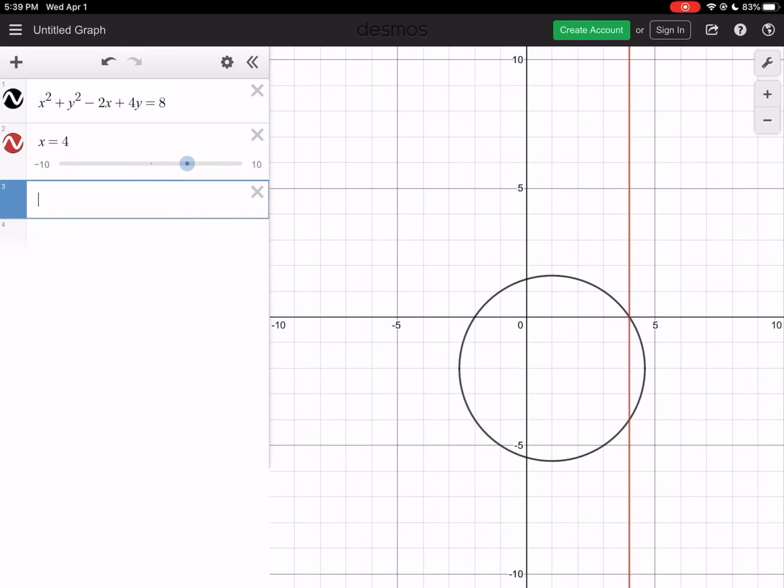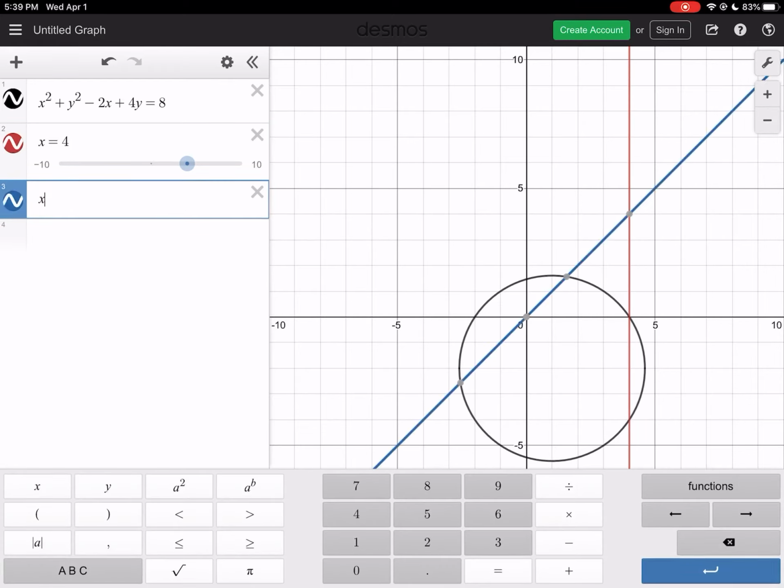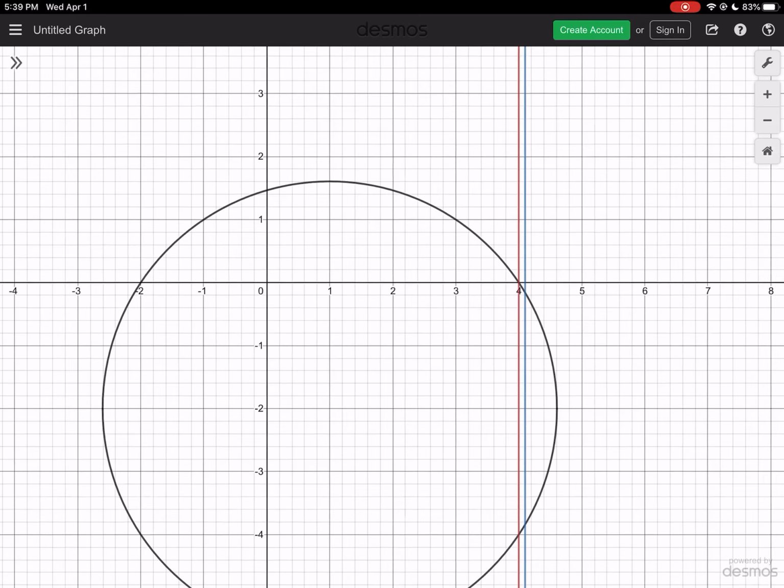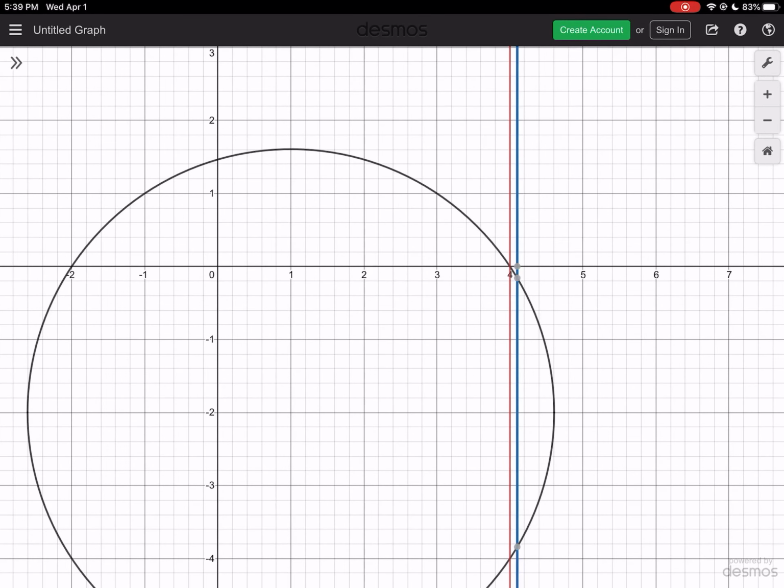Notice that was the original coordinate that we were finding the estimate of. When we were looking for the coordinate when x was equal to 4.1, notice that that's a little bit further over on the graph. If I move it over and move it out, notice where the blue line, that's your 4.1, intersects the curve, that is actually happening at negative 0.159. That's really close to the negative 0.15 that we found.